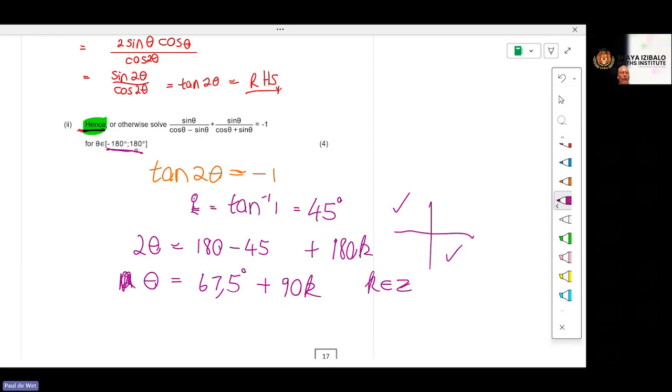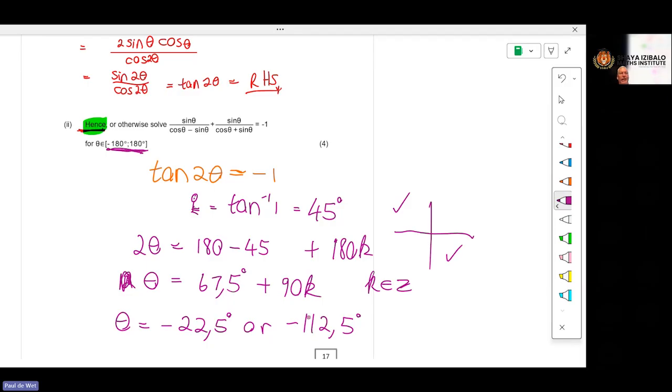Now we want to find solutions between minus 180 and 180. So what will they be? Negative 22,5. Well done. Guys, that comes from subtracting 90 and subtracting 90 again.